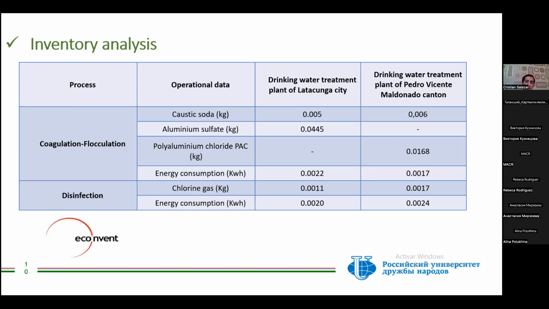Both primary and secondary sources of information were used for this inventory.